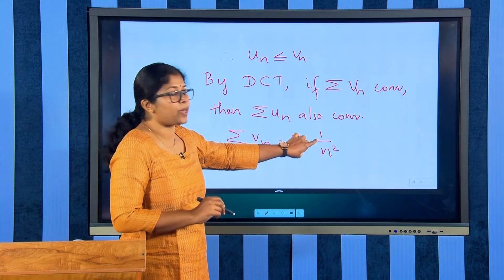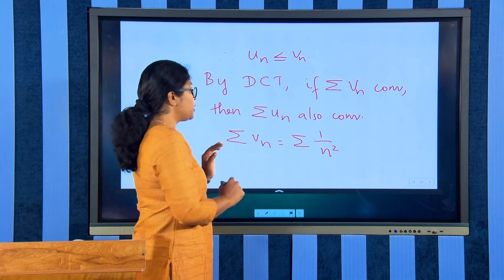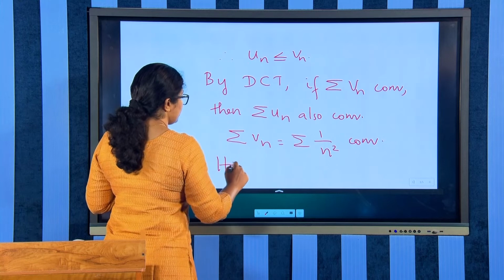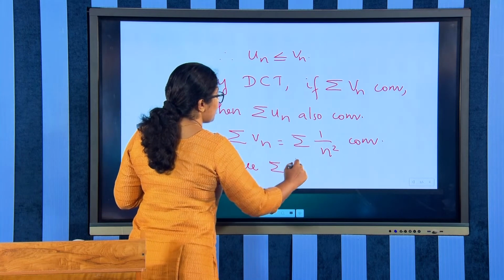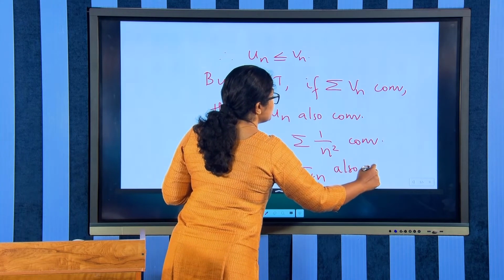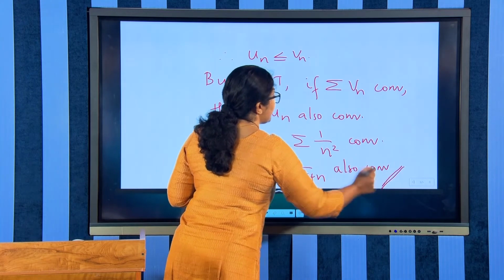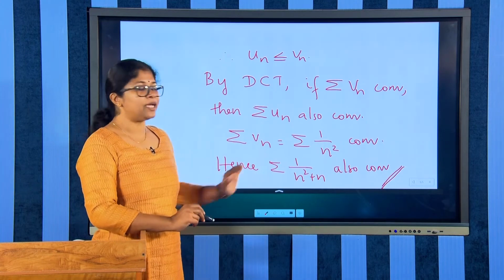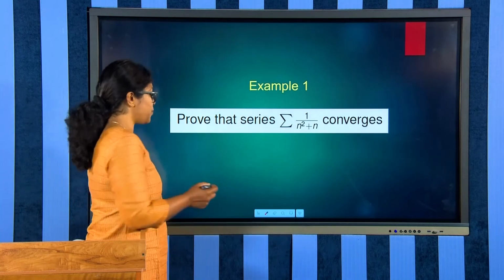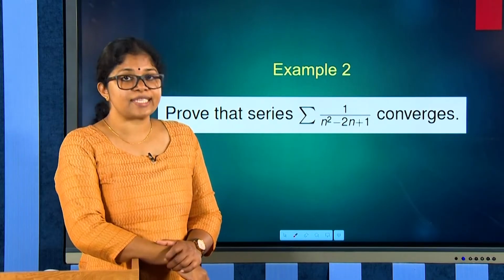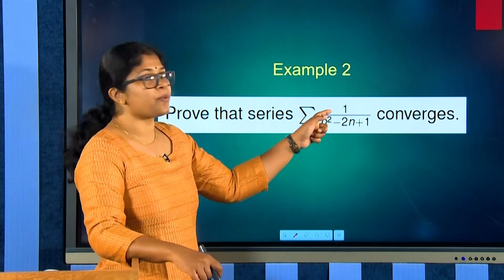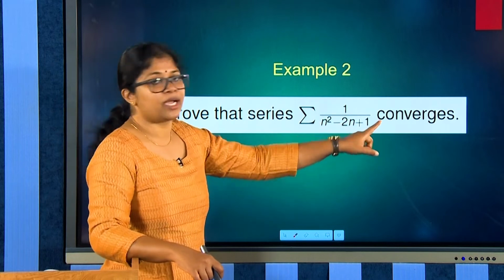Summation 1 by n square converges, we had proved that. So, this converges, and hence the given series sigma 1 upon n square plus n also converges by direct comparison test, and that completes the proof of the first problem. So, this is how we solve this question. Now, we can do the second problem. Prove that the series summation 1 upon n square minus 2n plus 1 converges.